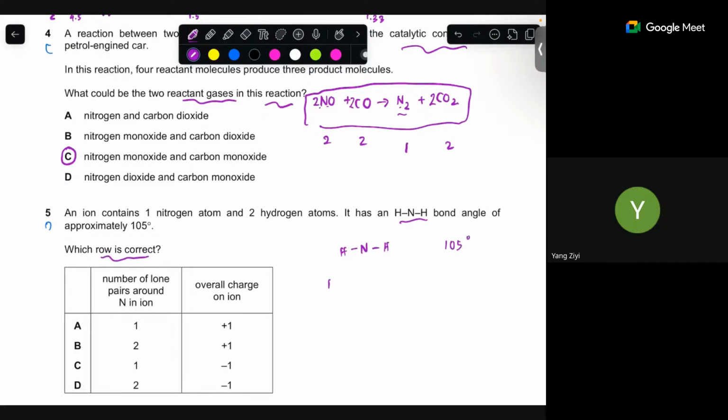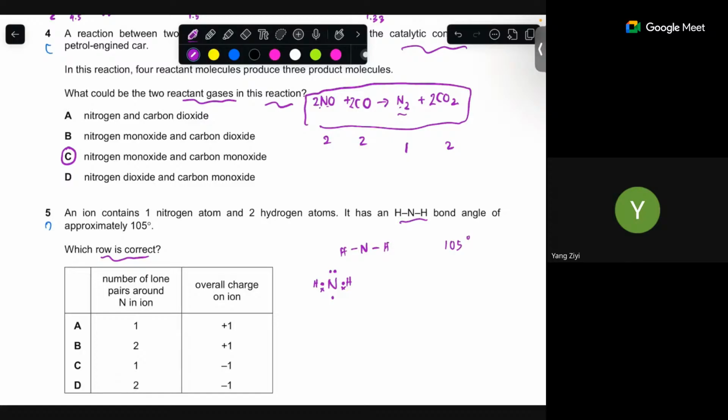We need to know that nitrogen is from group 15, so it has 5 valence electrons. Out of these 5 valence electrons, 2 electrons are used to bond with the hydrogen. So we still have 1 pair of electrons and another one more electron. Total 3 electrons are there, which is going to give this particular structure.